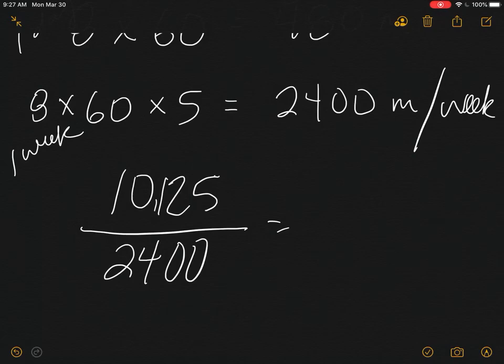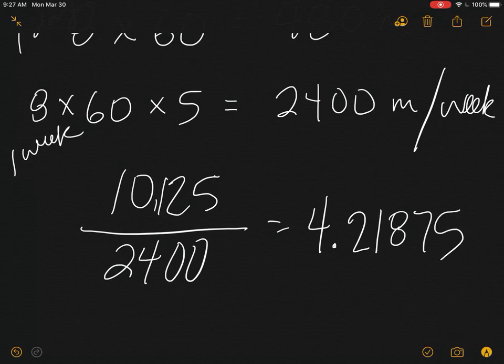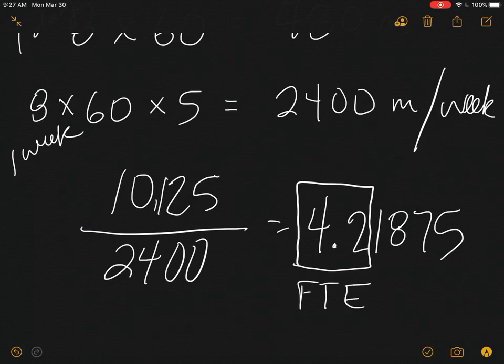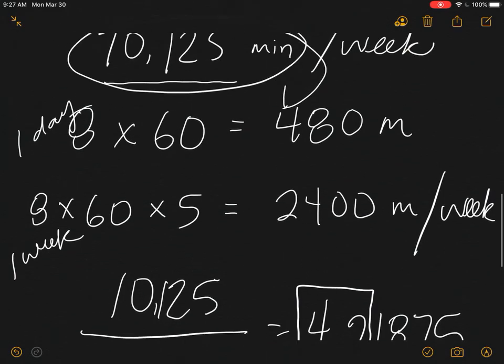Okay, so what is that math? 10,125 divided by 2,400. And that is 4.21875. That's where my calculator cuts that off. Okay, so what that tells me is that I need 4.2 full-time equivalents to complete that coding in 1 week's time.